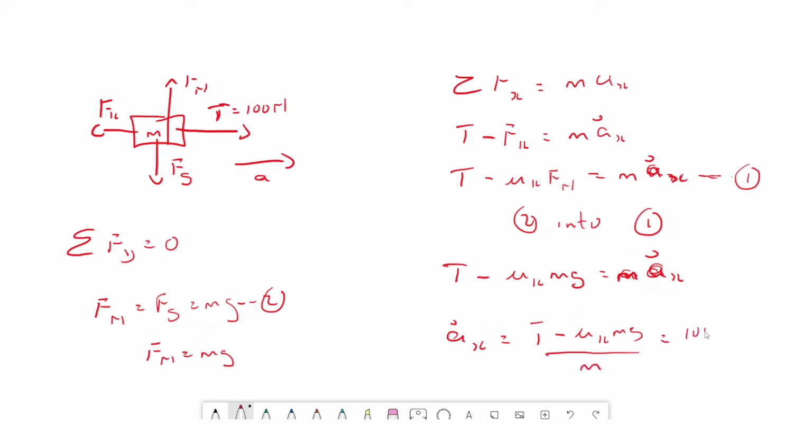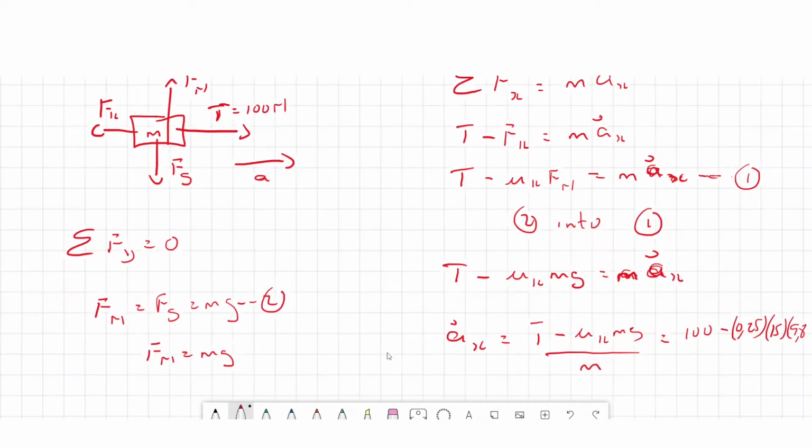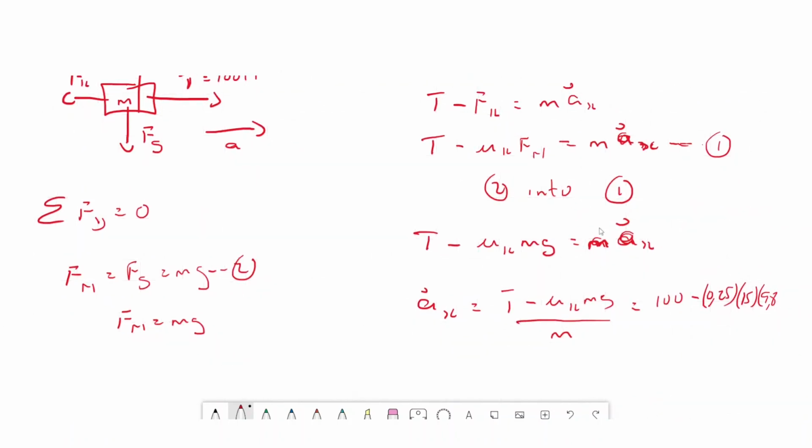And this is 100 minus 0.25 multiplied by m, which is 15, multiplied by 9.8. I divide this by m, which is 15, sorry.